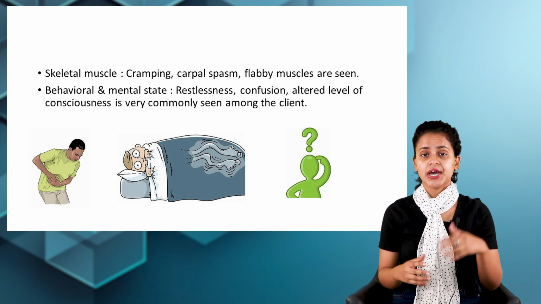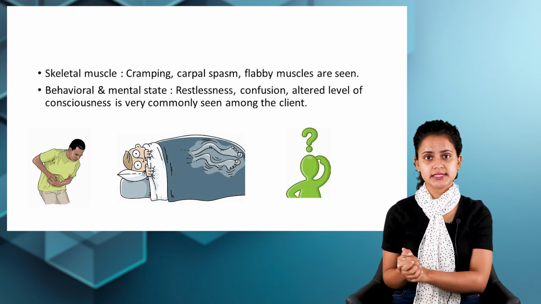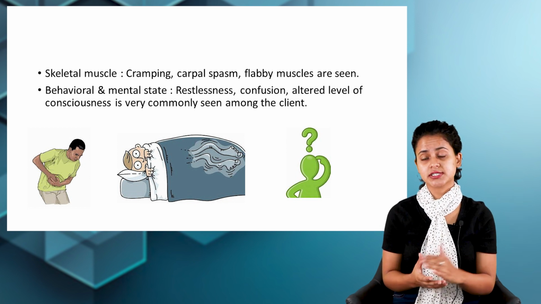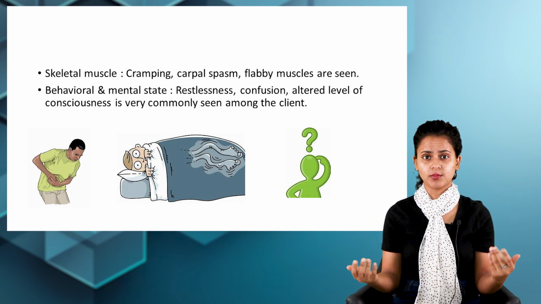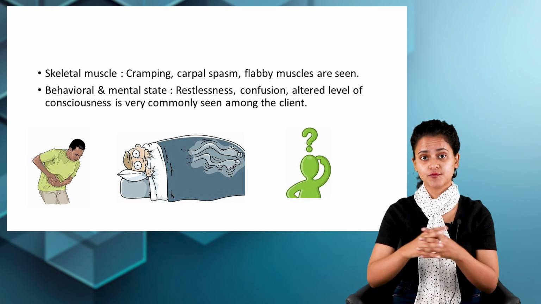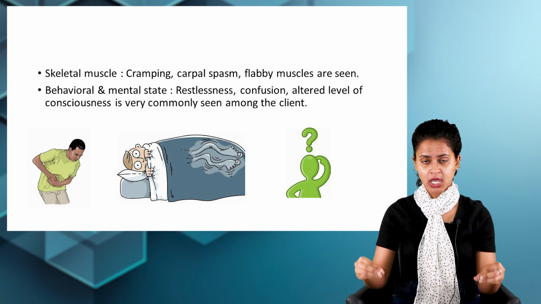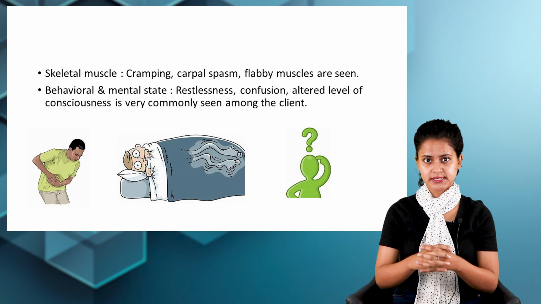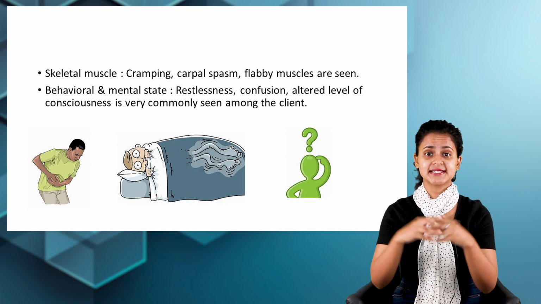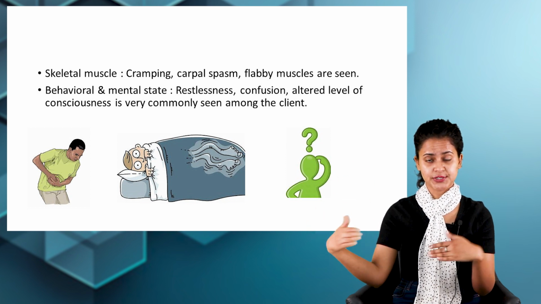Restlessness, confusion, altered level of consciousness, and different changes in mental status are very commonly associated with electrolyte imbalance. That is the reason we assess what type of changes a person is having. Once we perform the physical examination, it may suggest whether the client is suffering from a particular fluid imbalance or electrolyte imbalance or not.